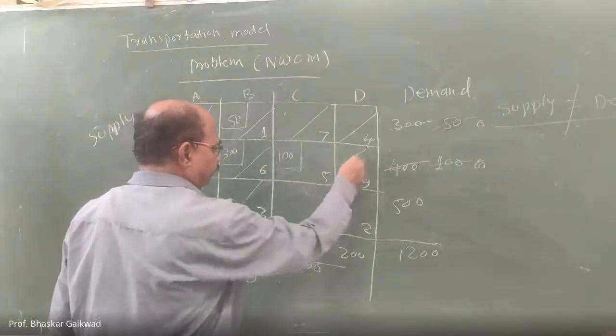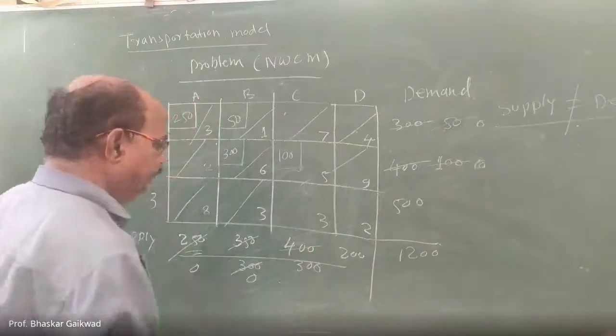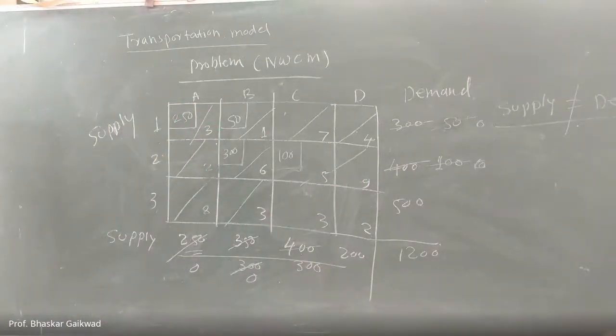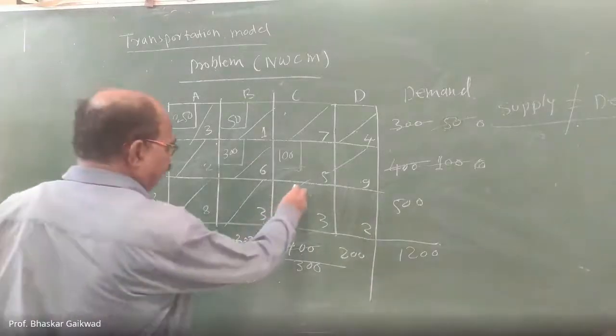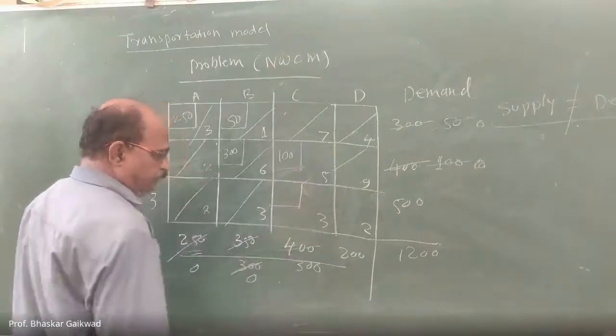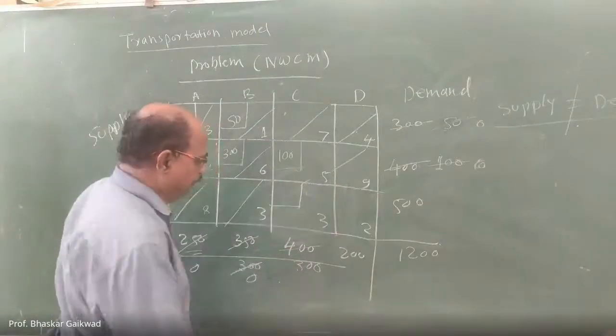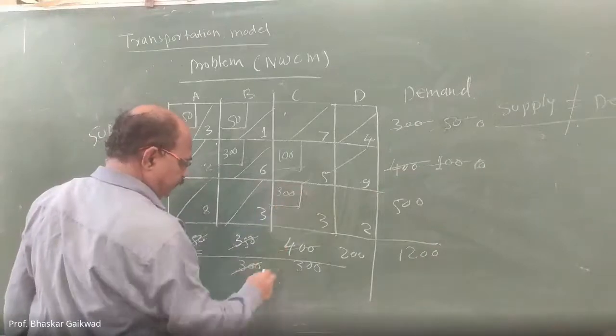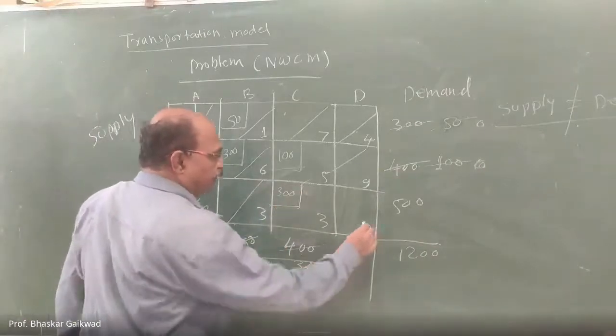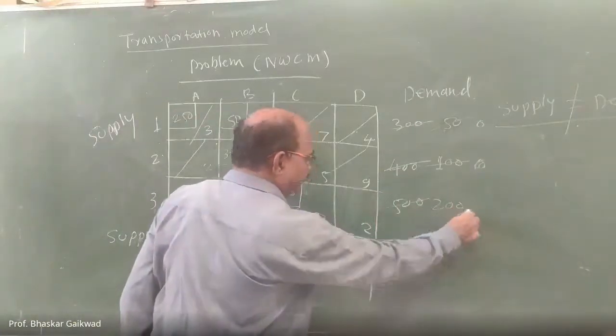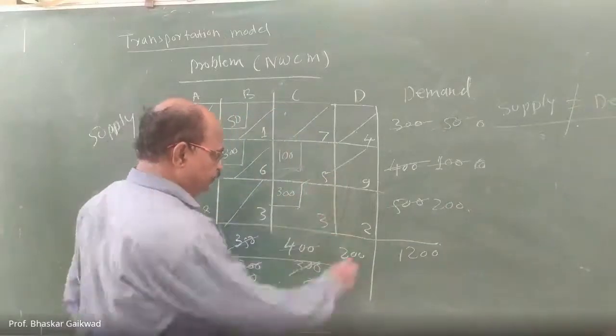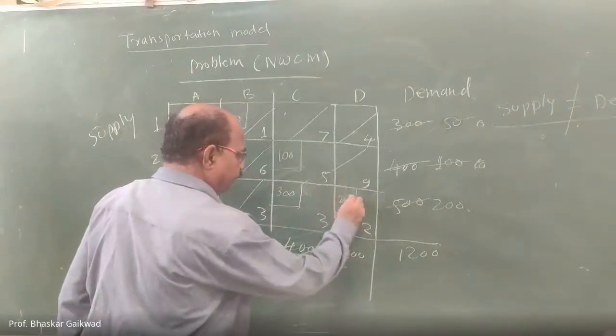And remove it. Next, the northwest corner: this one. Minimum 300, maximum 500, so here you write 300. Here it is 0, and here it is 200. This one is remaining, so here it is 200.